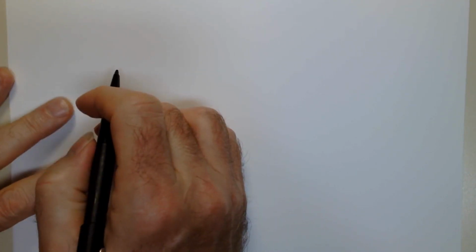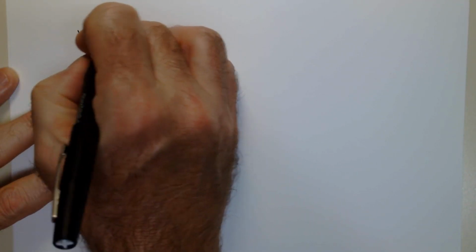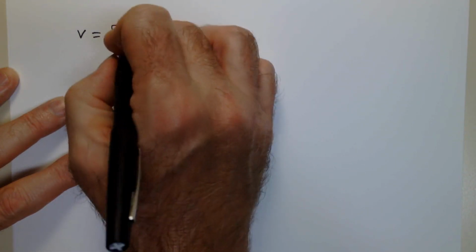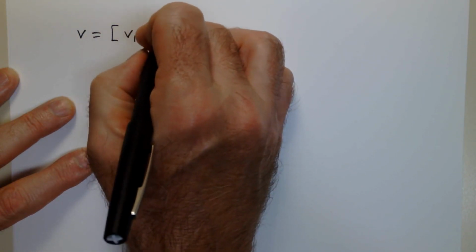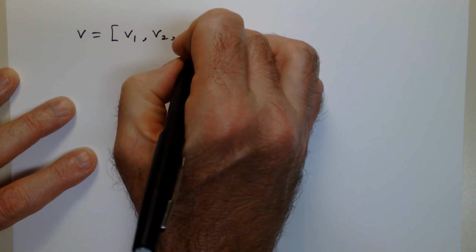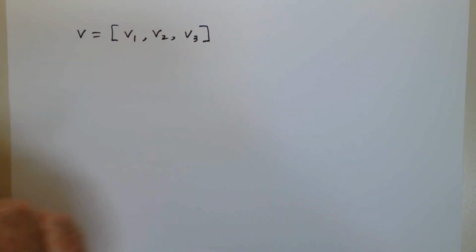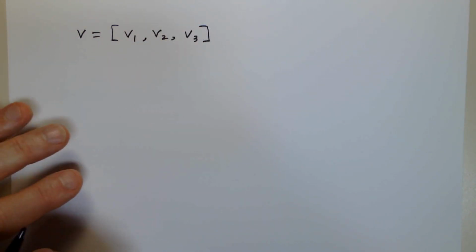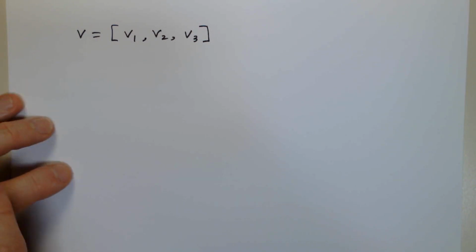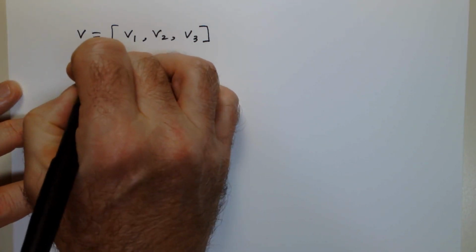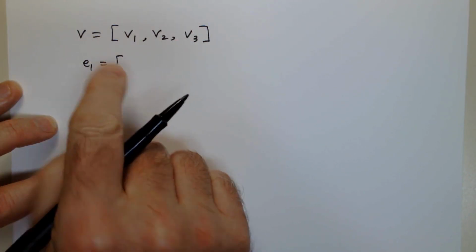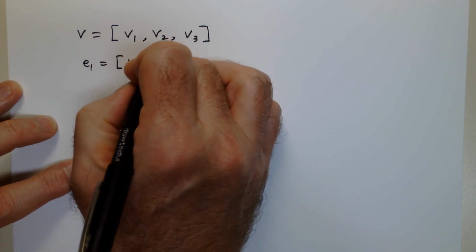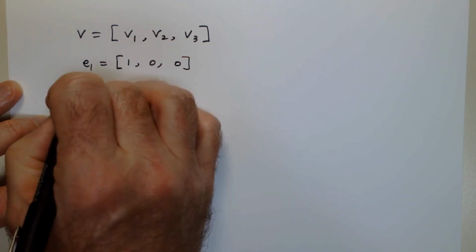So let's start with a vector V, a generic vector in R3. It has components, let's say V1, V2, and V3. And remember, in R3, we have 3 standard unit vectors, typically labeled E1, E2, and E3. E1 puts a 1 in the first component and has zeros everywhere else.